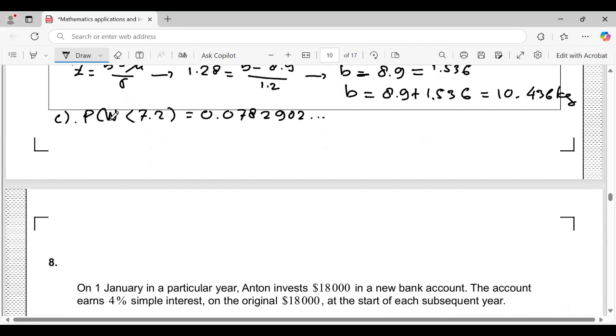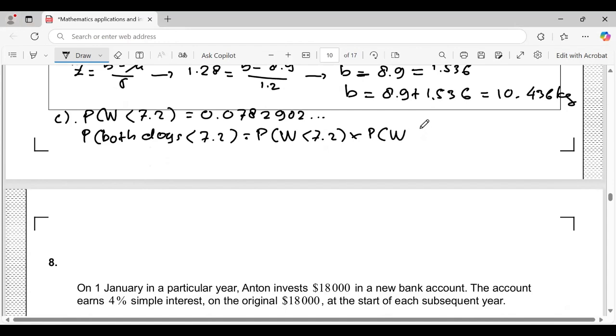When the two dogs are selected independently, the probability that both dogs have mass less than 7.2 kg we can write like this: probability W less than 7.2 times probability W less than 7.2, or probability W less than 7.2 squared.